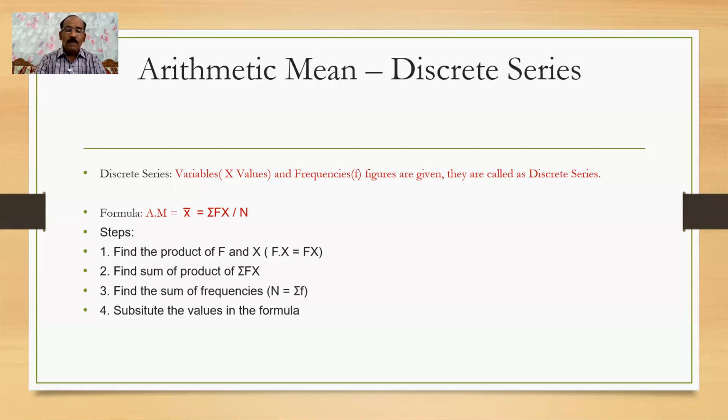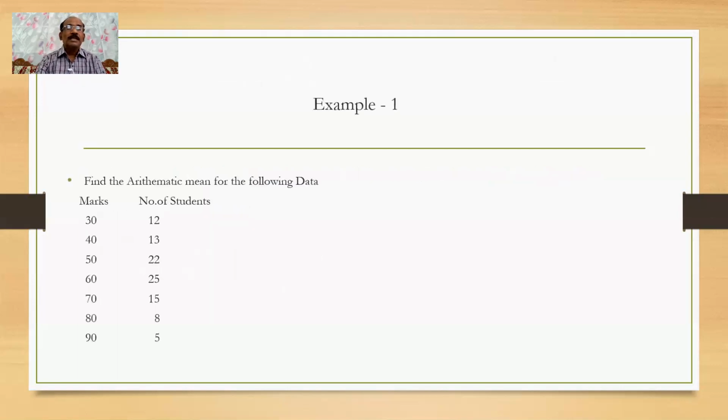Now, I am going to explain this discrete series by giving an example problem. Find the arithmetic mean of the following data. Some data is given. What we have to do is calculate the arithmetic mean. Here, marks and number of students are given.